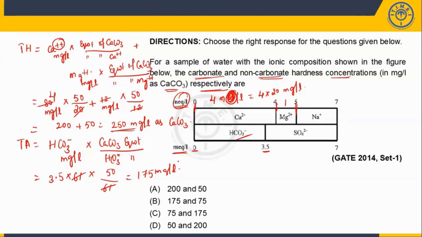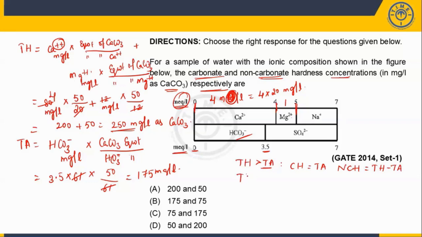Now listen. When total hardness is greater than total alkalinity, carbonate hardness is equal to total alkalinity, that is the least value we can take. Non-carbonate hardness is the remaining: from total hardness, remove total alkalinity.